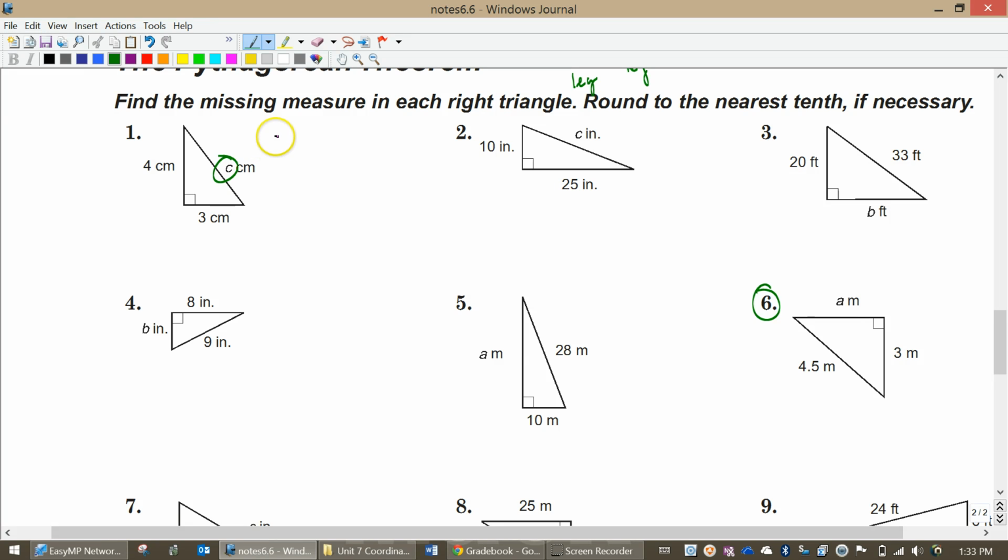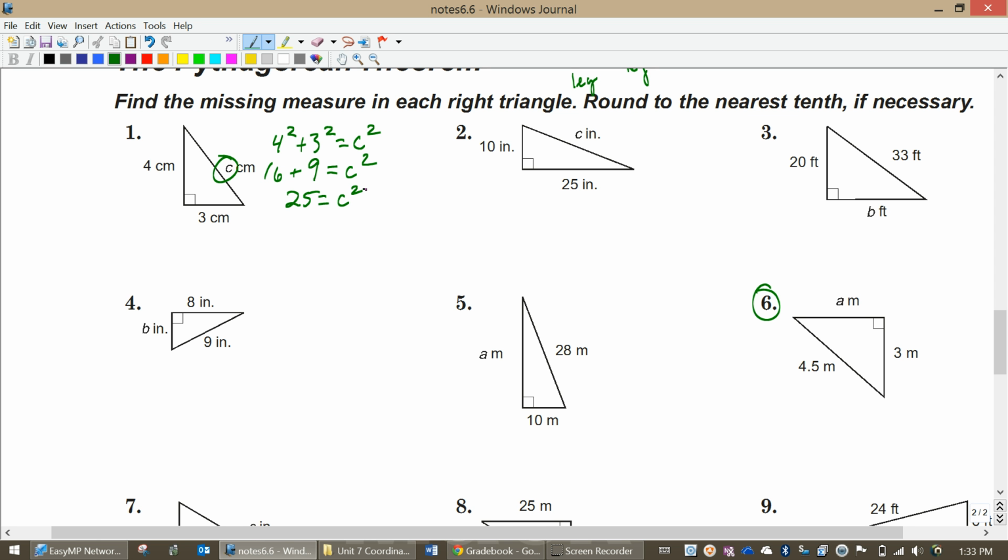So when we do this, we get 4 squared plus 3 squared equals c squared. 4 squared is 16, and 3 squared is 9. 16 plus 9 is 25 equals c squared.